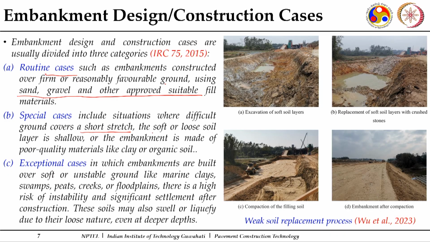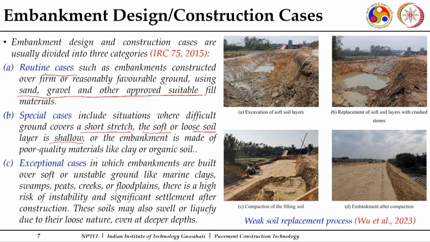But there may be certain cases where a short stretch has soft or loose soil, or some area is waterlogged, because of which marshy land has been created. This is shallow, but for a small stretch only.